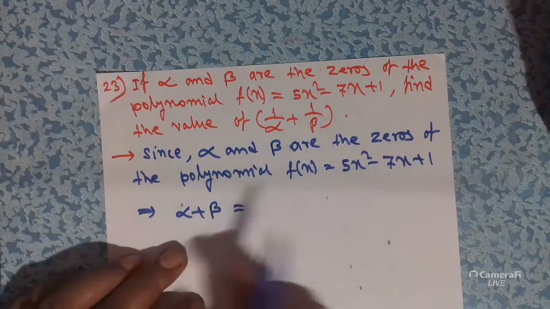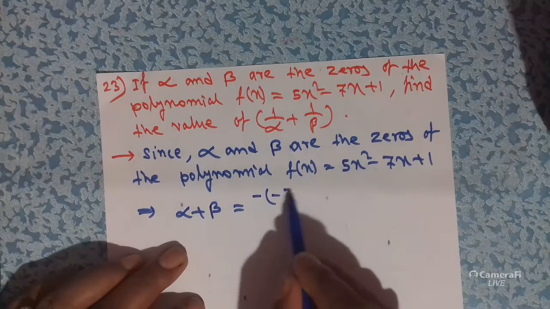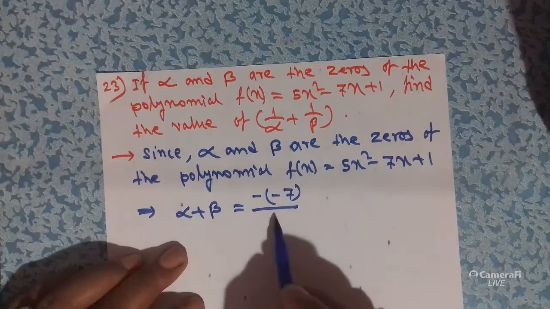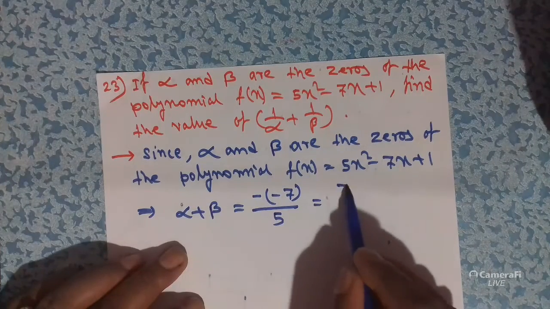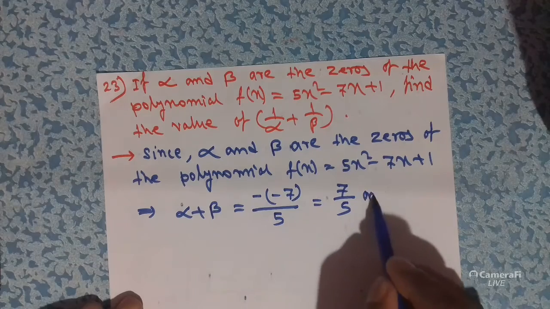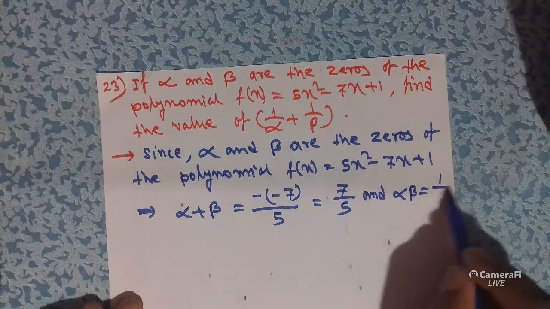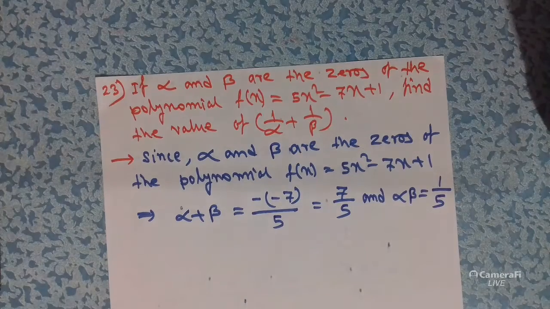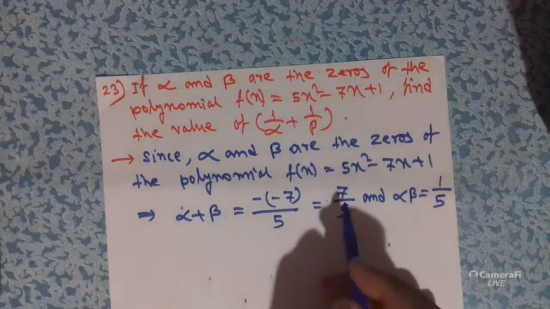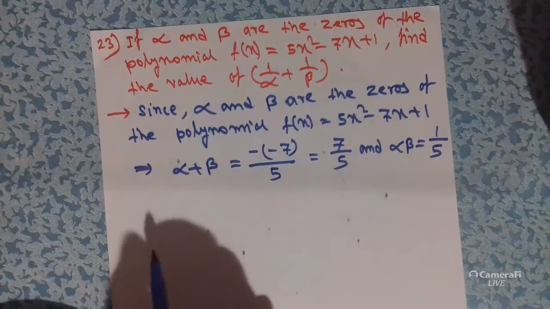So alpha plus beta is minus b by a. So minus of, here the value of b is minus 7 and a means 5, so it is equal to 7 by 5. And alpha beta is equal to c by a, that means 1 by 5, c means 1 and a means 5. So alpha plus beta is 7 by 5 and alpha beta is 1 by 5.